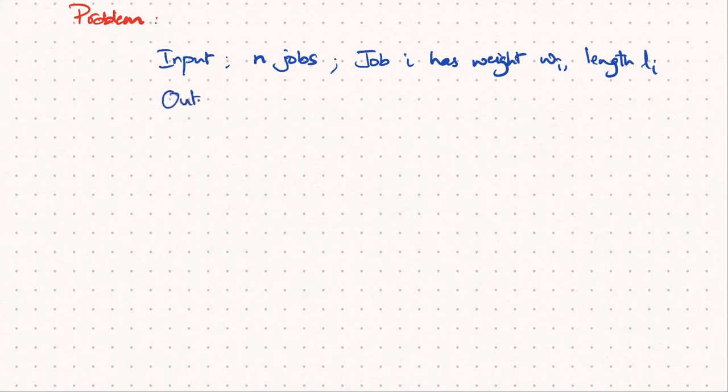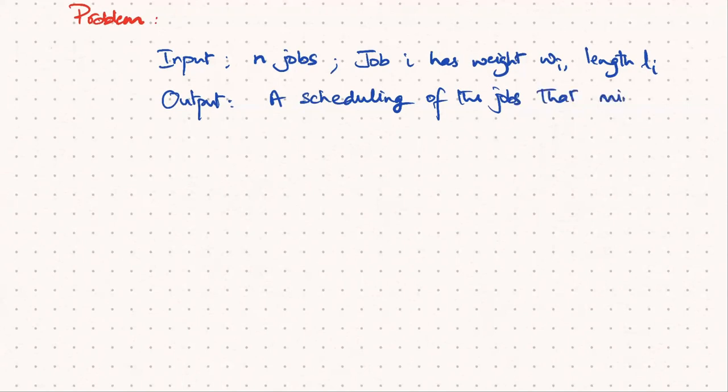The output that we are looking for is a scheduling, essentially a permutation of these n jobs, that minimizes the weighted completion time.